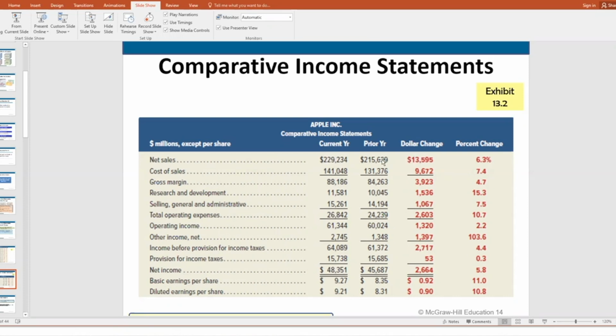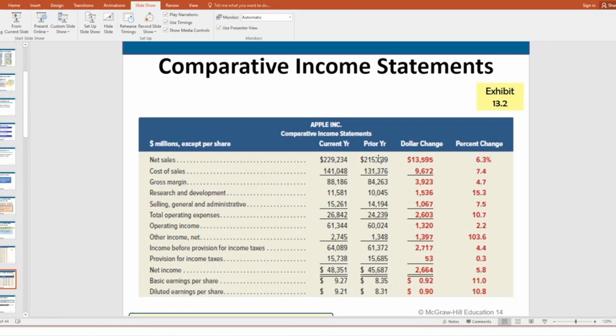The dollar change is just 13,595. That's how much it increased. In fact, all these numbers increased over last year, didn't they? Now, the percent change, to calculate the percentage by which this changed. So we say it was 215 last year, and this year is 229. So it went up by 13,595.